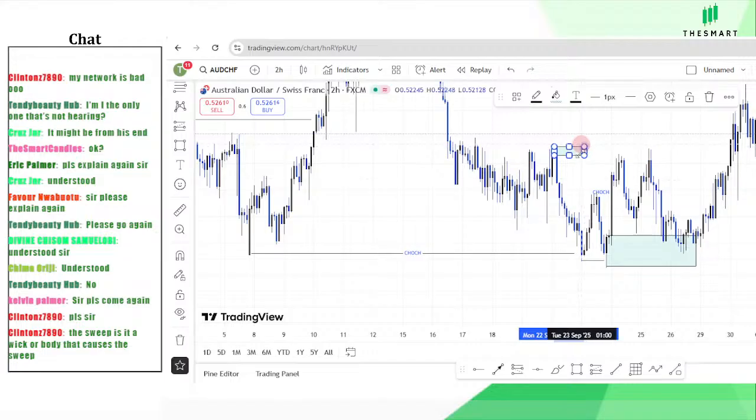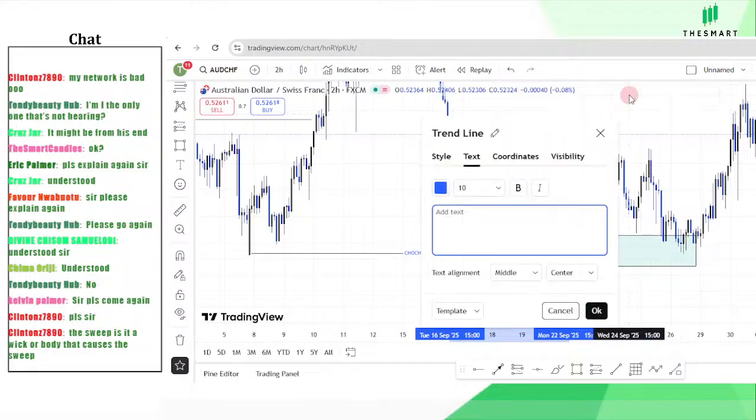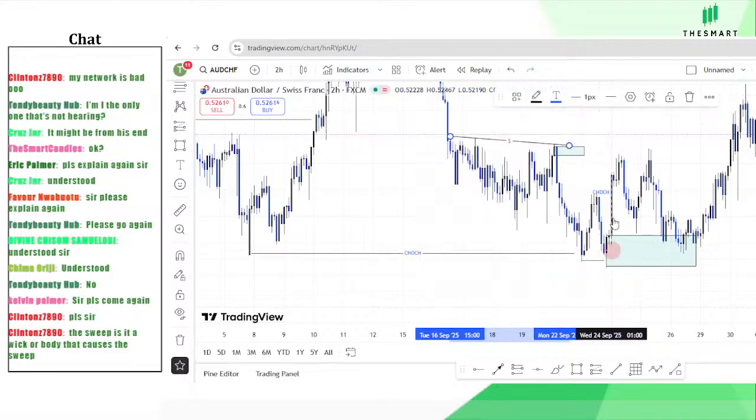Having this supply at this level, what can we see too? We can see that we have relative equal heights, which tells you that we have liquidity resting at this level. And for the fact you have this liquidity resting at this level, once we get this change of character, we should be looking out for possible reasons to buy.